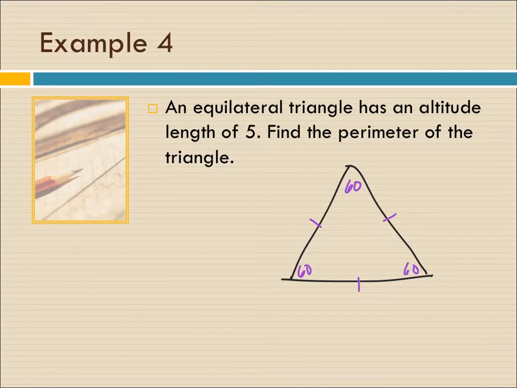What's an altitude? Vertex to the opposite side, and it's got to do what on the opposite side? Form a right angle. And then somebody said too, it splits that into 2 congruent parts. Okay, that's also true.